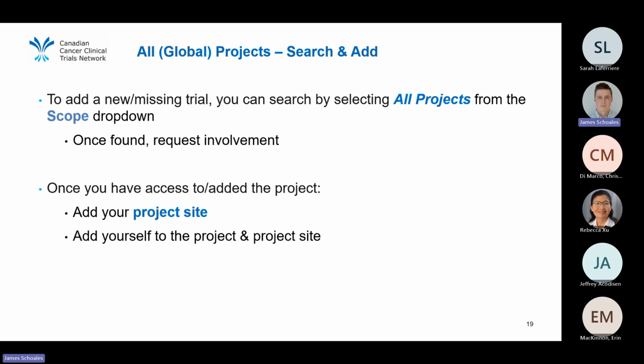So once you found the project from the all projects list, you'll need to add or request involvement, and then once you've been approved to access, you'll still need to add your project site and add yourself to the project and project site level.